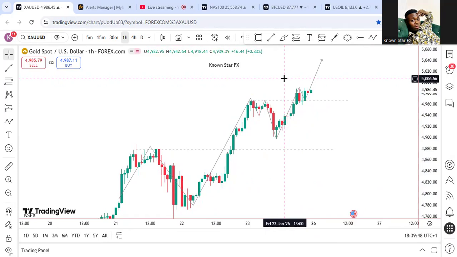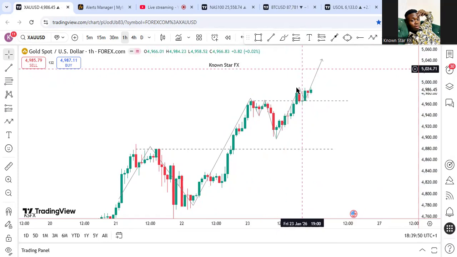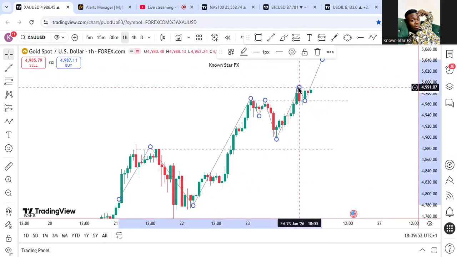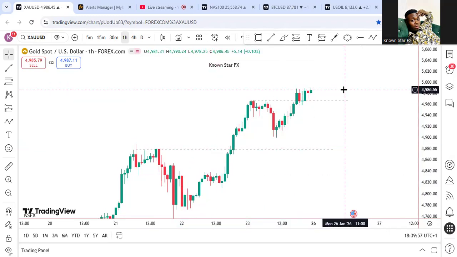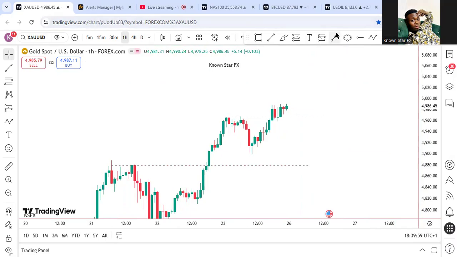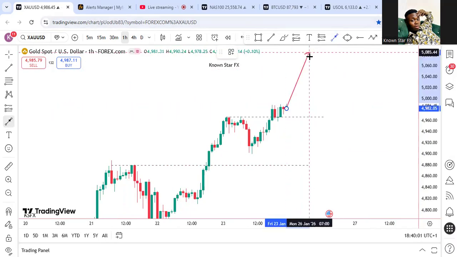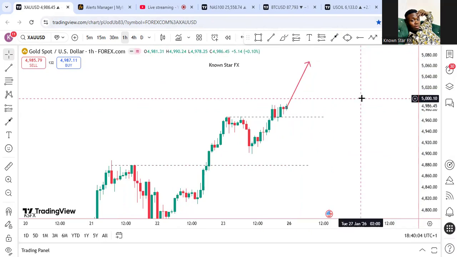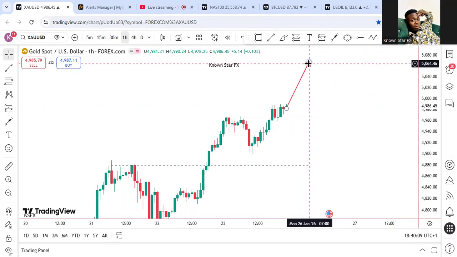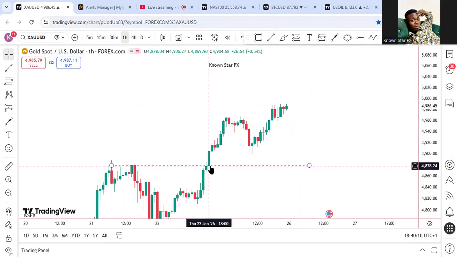So it's very normal to see a gap, a spike immediately the market opens, coming as far as 50-50 or whatever. And you can see price even approaching the level 5,000, which is very realistic, that price is going to surpass 5,000 this week.